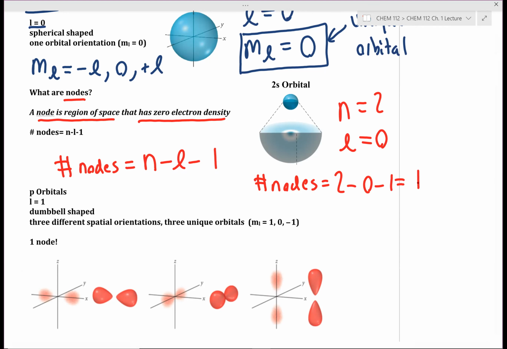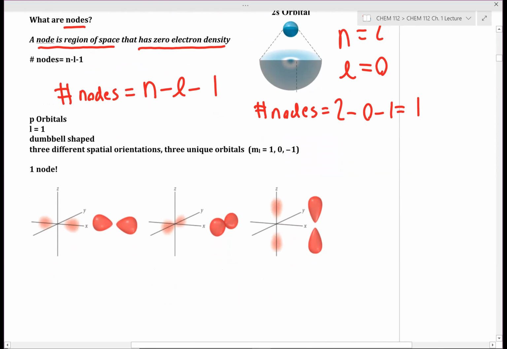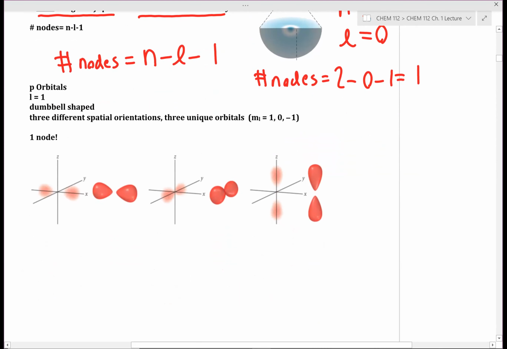Does that match our observed result? Yeah. The reason why nodes are quite significant is that they're regions of space with 0 electron density, and as we'll see when we discuss more complicated orbital pictures, nodes have a dramatic effect on orbital energy and orbital properties.